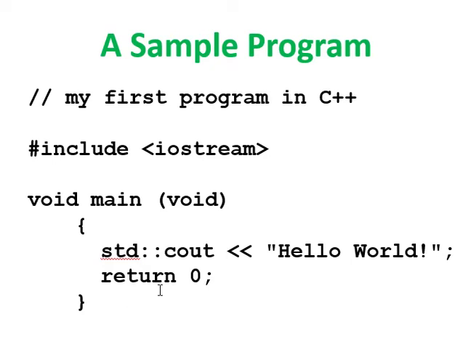Note also that this semicolon is used to indicate the end of this statement. After that, the instruction is return 0. The return 0 statement is the exit status of the program. In simple terms, the program ends with this statement.